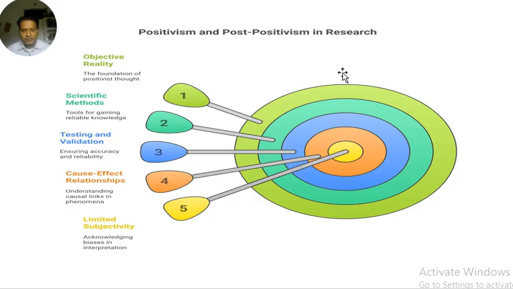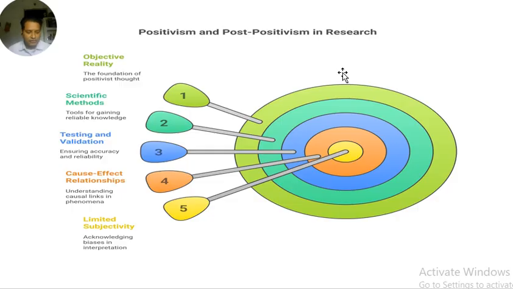Let's discuss this slide, which is about positivism and post-positivism in research. Positivism is a belief that reality is fixed and can be measured using scientific tools. Post-positivism is a more flexible version that allows some subjectivity.